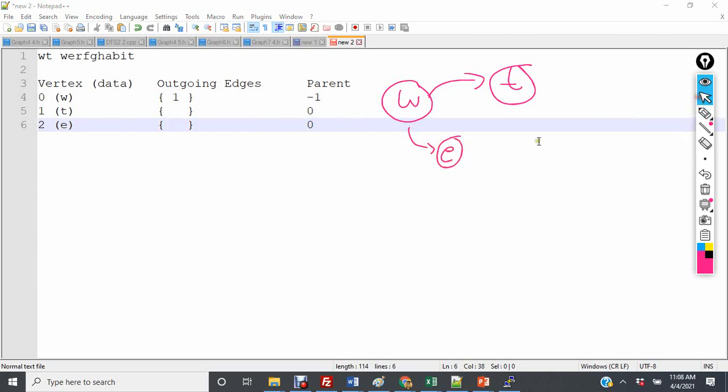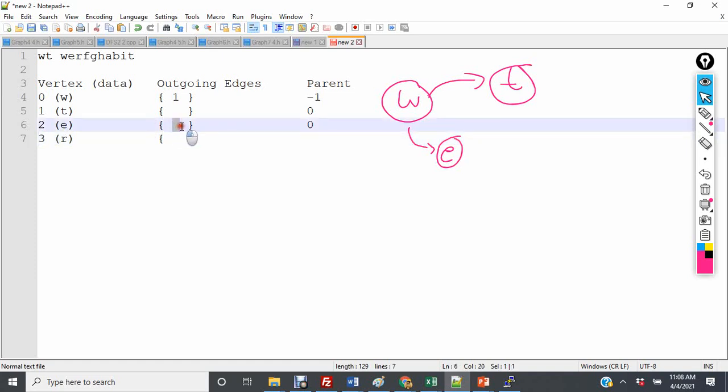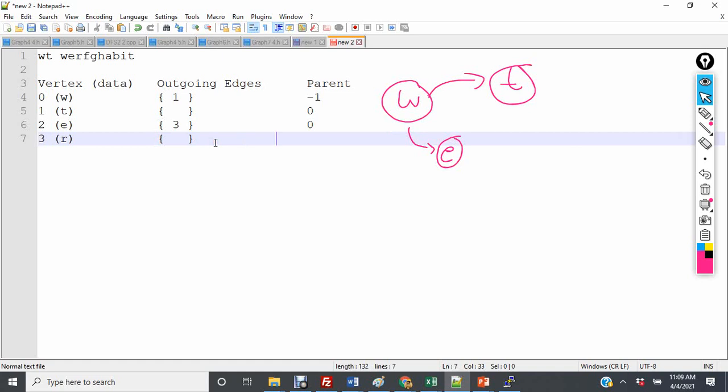When we insert the next value, which is R and F, R is not contained, and as of now, it doesn't have any outgoing edges. Vertex 2 now has an outgoing edge to vertex 3. And 3's parent is 2. At the algorithmic level, it looks like this.